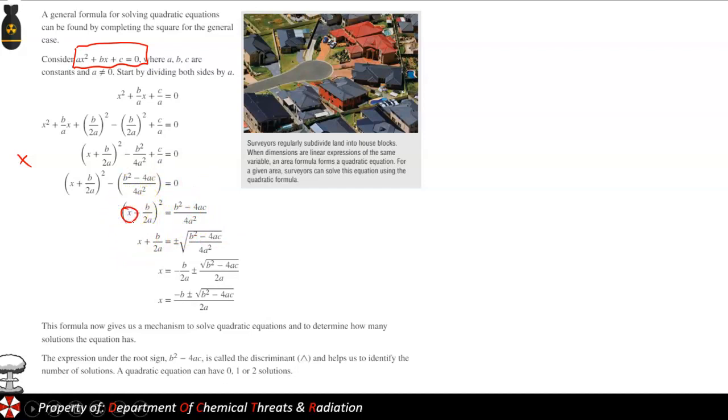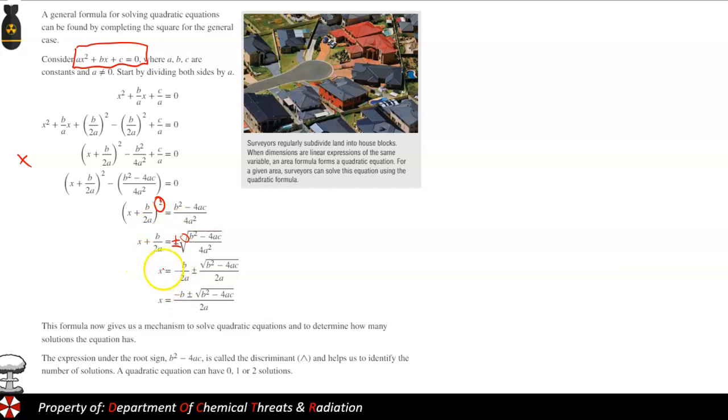We want x to be the expression that we're talking about. So that means we then take the square root to cancel it, and that's where the plus and minus comes from, remember? Because anytime we square root now, we technically have to plus and minus. Then we can move the b on 2a over to the other side because it's just an expression.